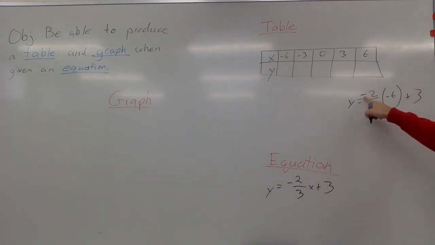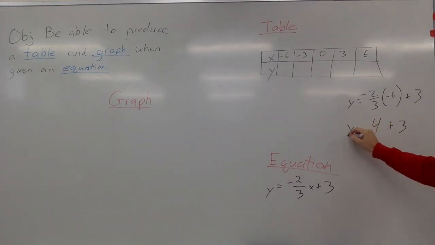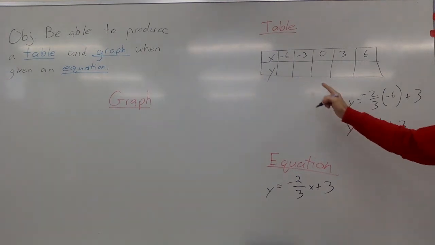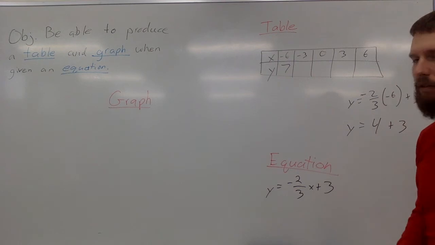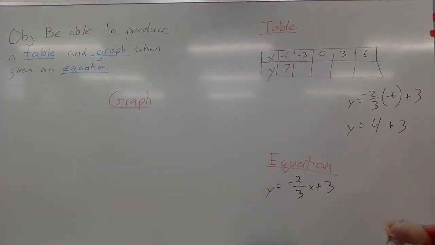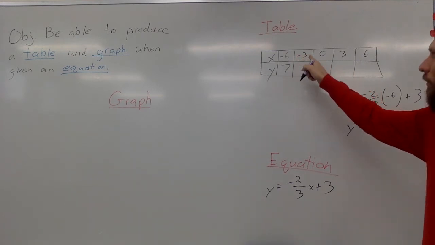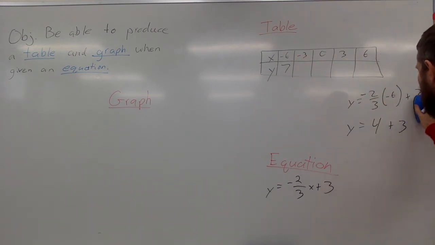So now you can see negative 2 times negative 6 is positive 12, divided by 3 is 4. And then I bring down the plus 3. So if x is negative 6, my y is going to be 7. Can you see how that turned out to be a nice even whole number because I used a multiple of 3 for my x?